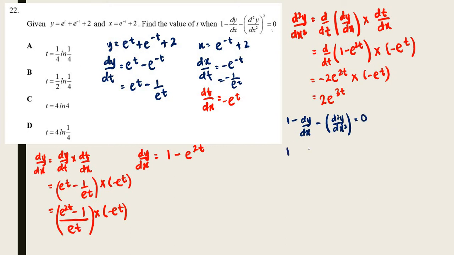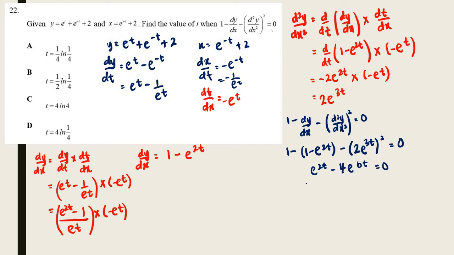Substitute all the values: dy/dx is 1 minus e^(2t), and our second derivative is 2e^(3t), squared, equals 0. Simplifying this, we get e^(2t) minus 4e^(6t) equals 0.